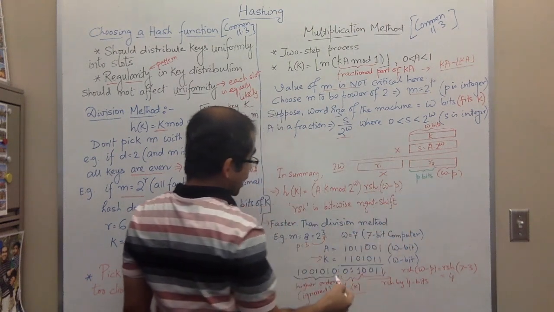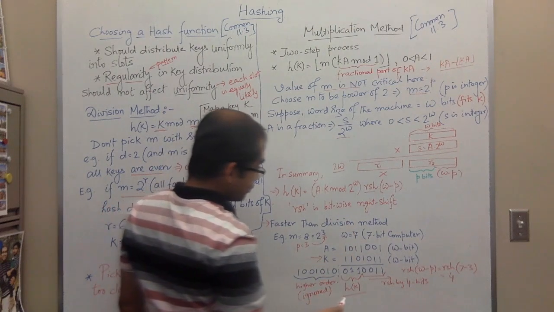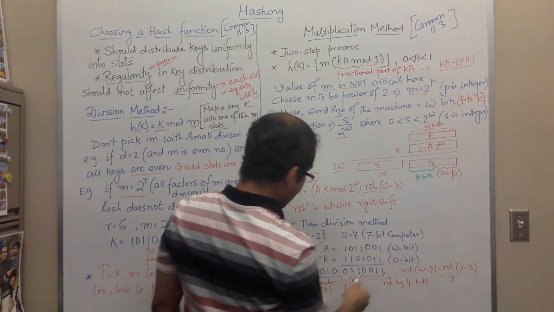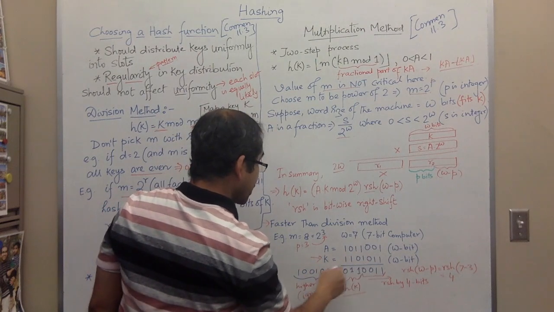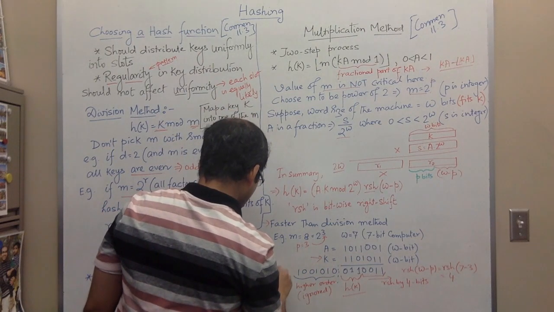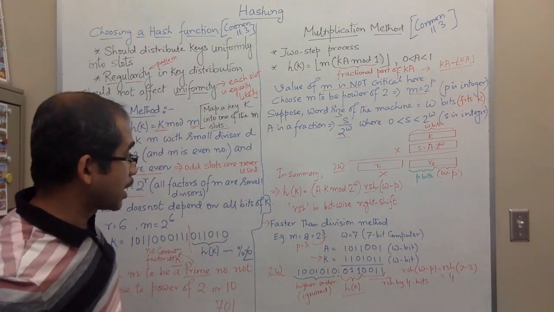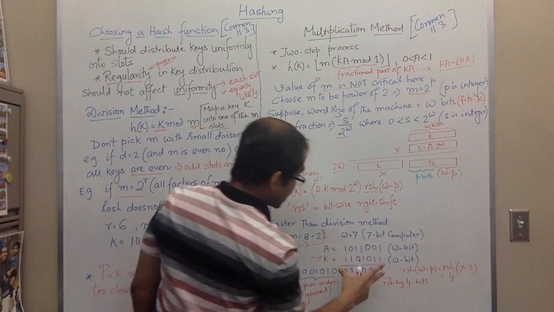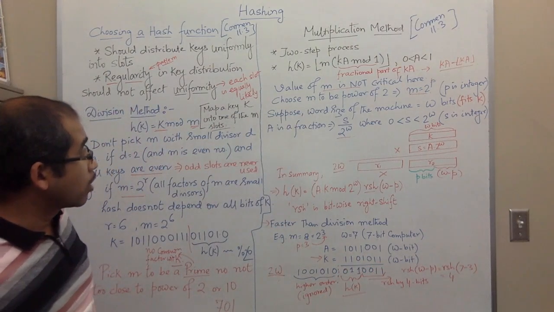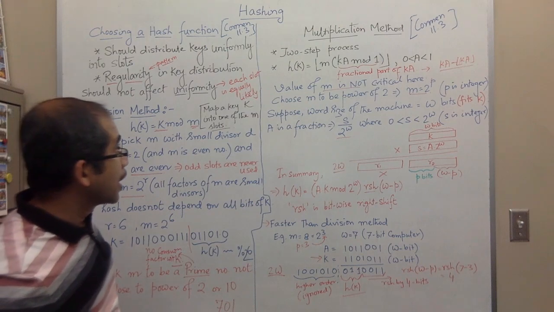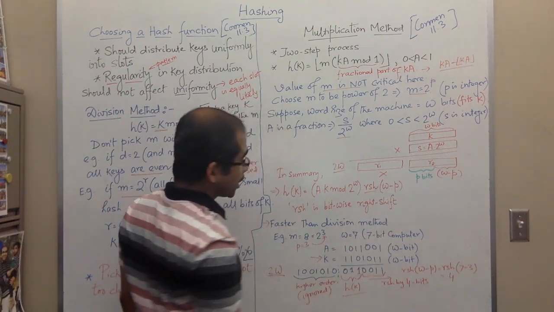Here we multiply a and k, and this is the 2w bit result: this is w bits, this is w bits, this is 2w bits. Then we take it modulo 2 to the power w, so only the lower order w bits remain, and among that we do the right shift of w minus p bits.